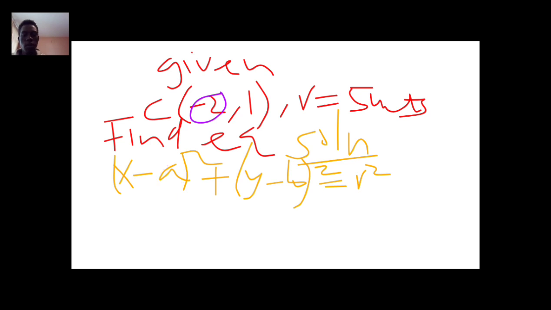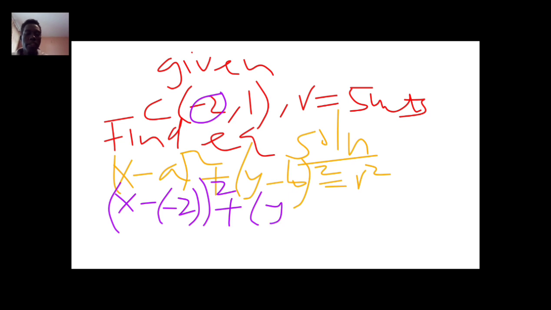Okay, now the next step, we will say x minus a. And a is given as negative 2. You write it as negative 2. Don't write just 2. Negative 2. Then close bracket. Put them all under one bracket. Then square plus y minus b.